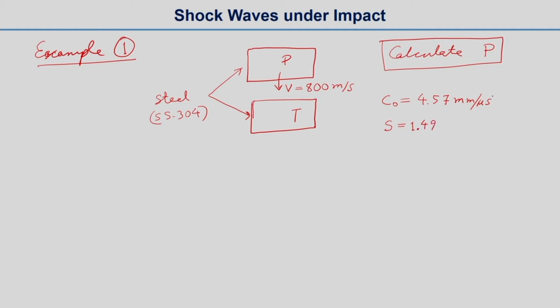Also we need the density rho, which for steel is 7.9 gram per centimeter cube.